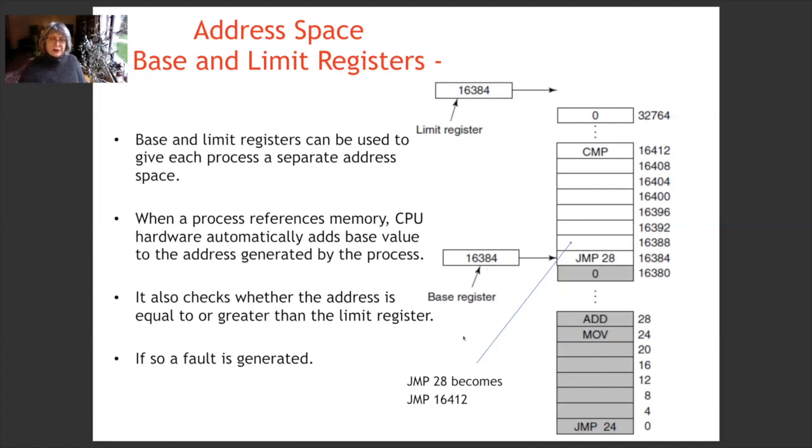Because of that, jump 28 becomes jump 16412 when the base register is added. And if we go to that address, this is the address calculated, and the corresponding compare operation is stored there. So with the base register calculation, it works correctly.